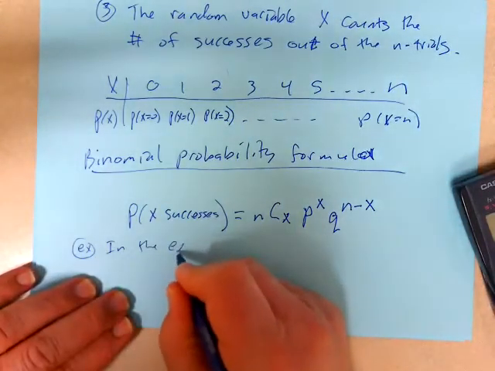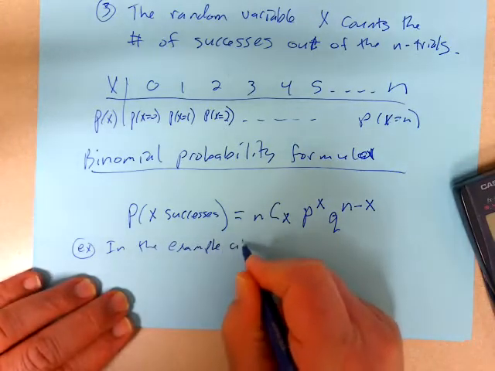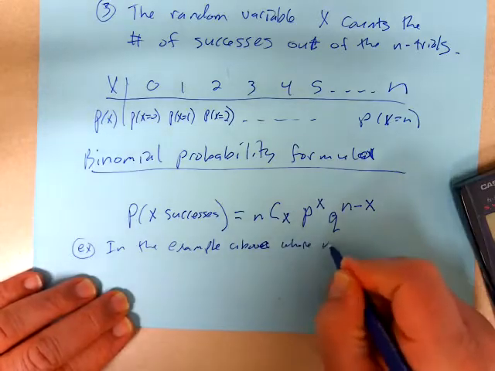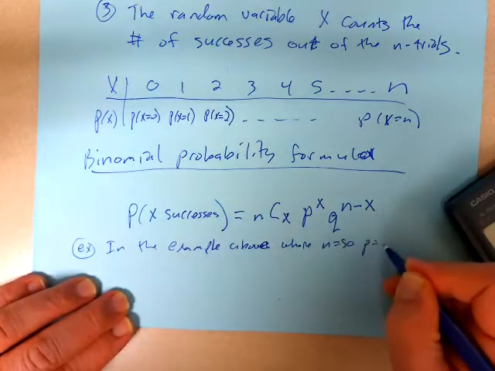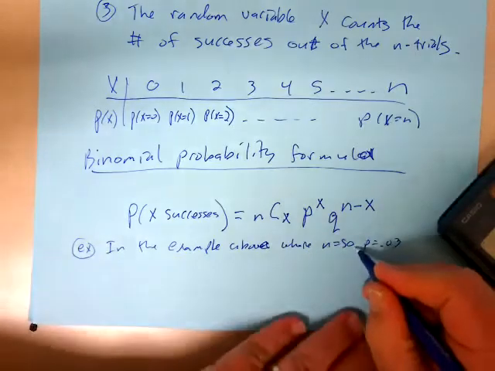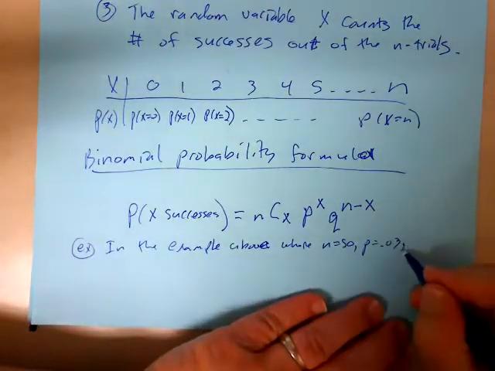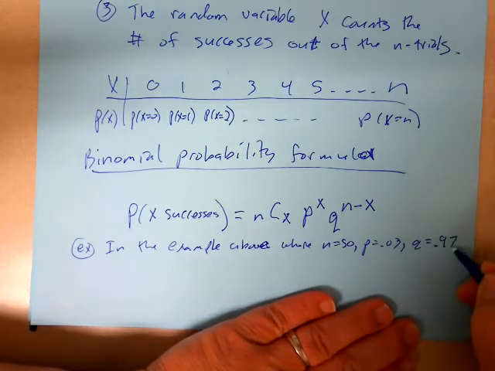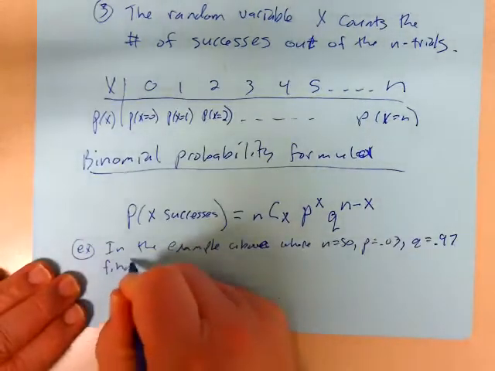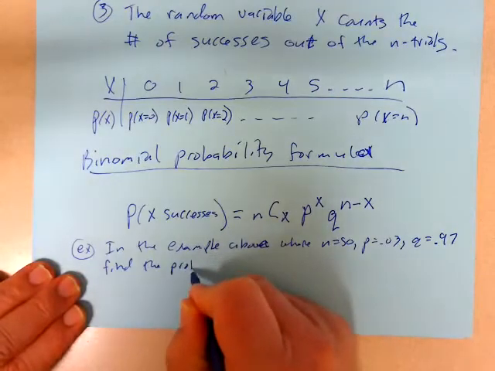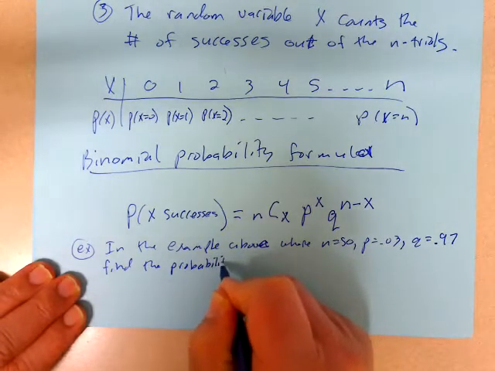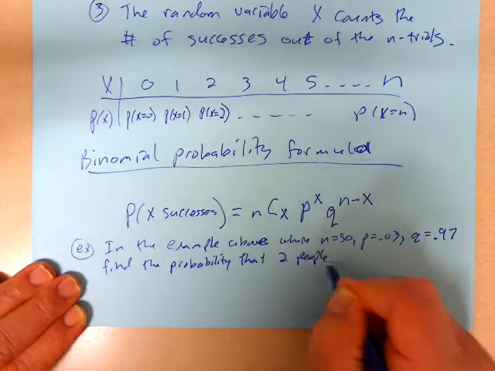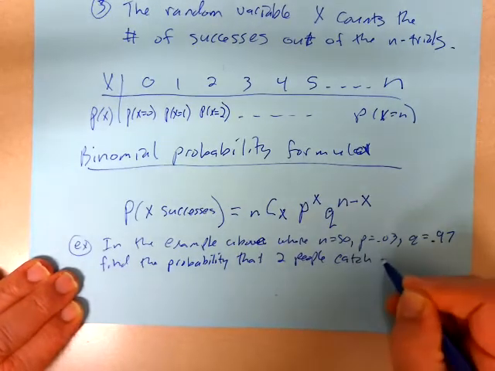So here's an example. In the example above, where n equals 50, p equals 0.03, q equals 0.97, find the probability that 2 people catch the disease.